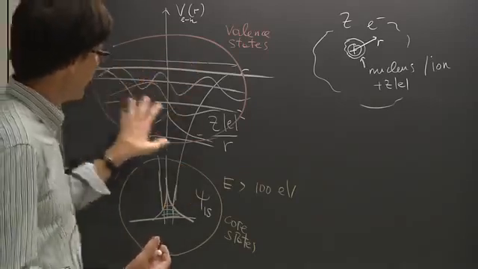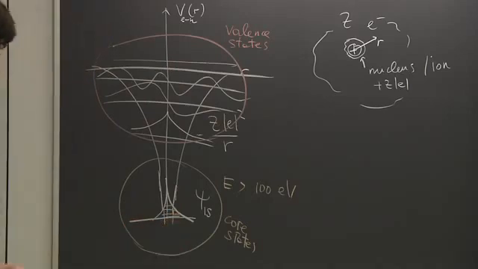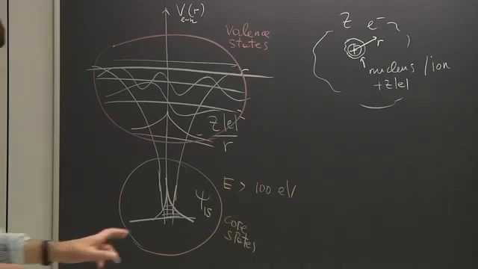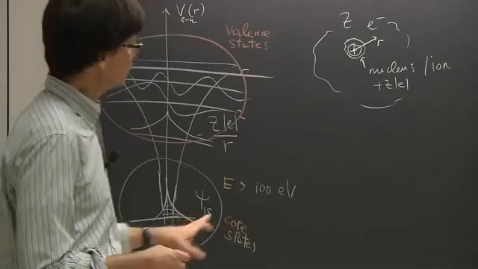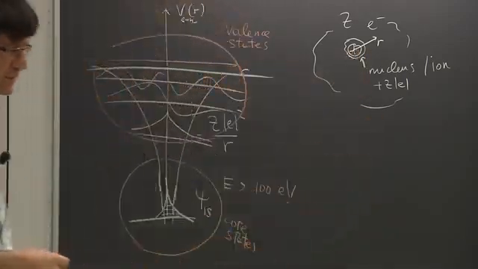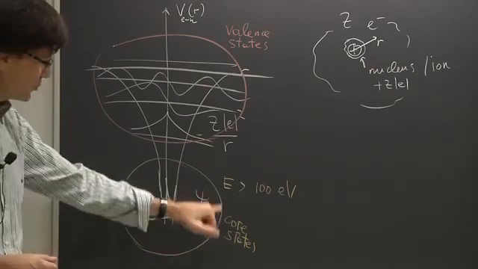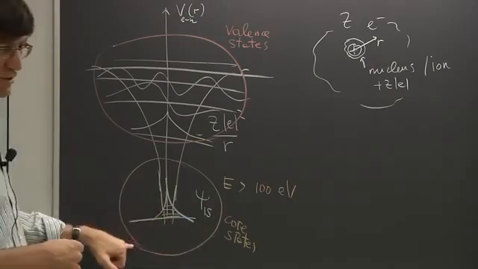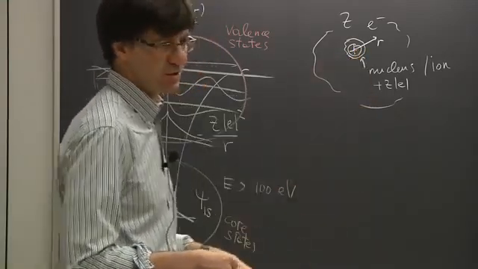So if you are a valence electron and you look at the core states, you can approximate them with delta functions. But if you can approximate them with delta functions, they're going to overlap exactly with the nucleus.